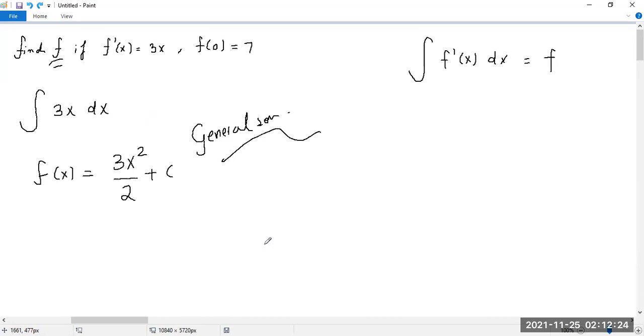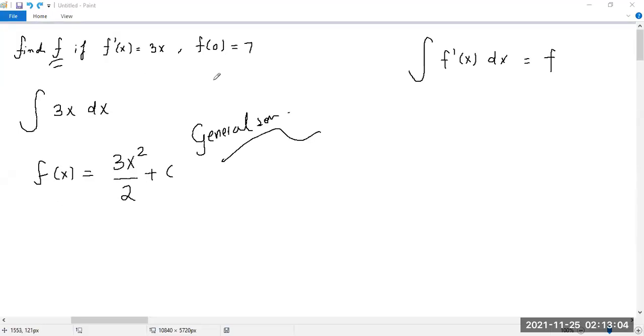But if it's asking for a more specific function, then we would want to solve for c and figure out what c actually is, and then we would get to a solid conclusion.